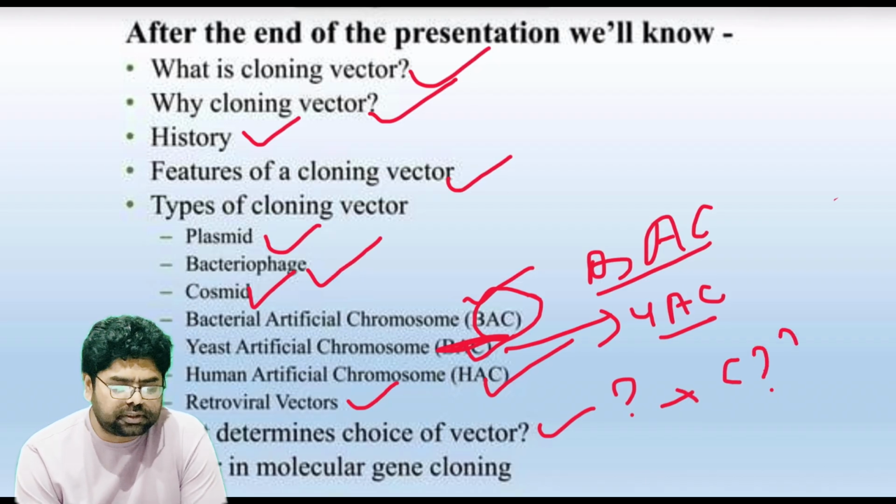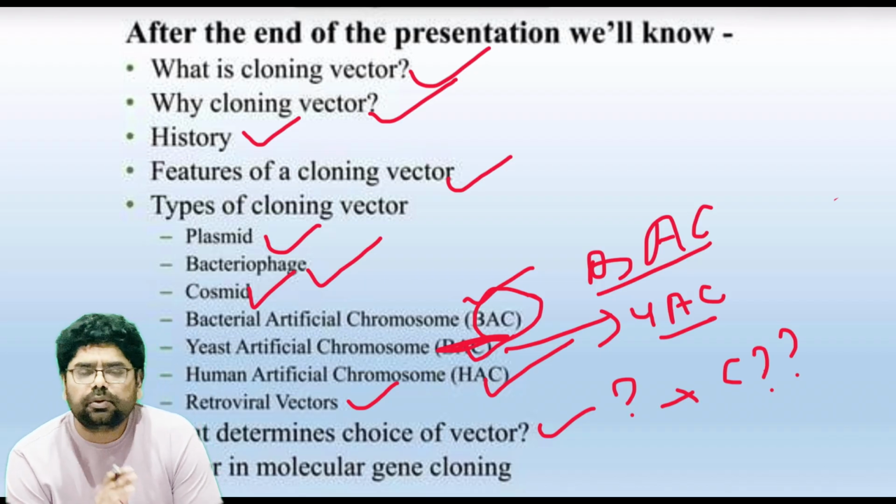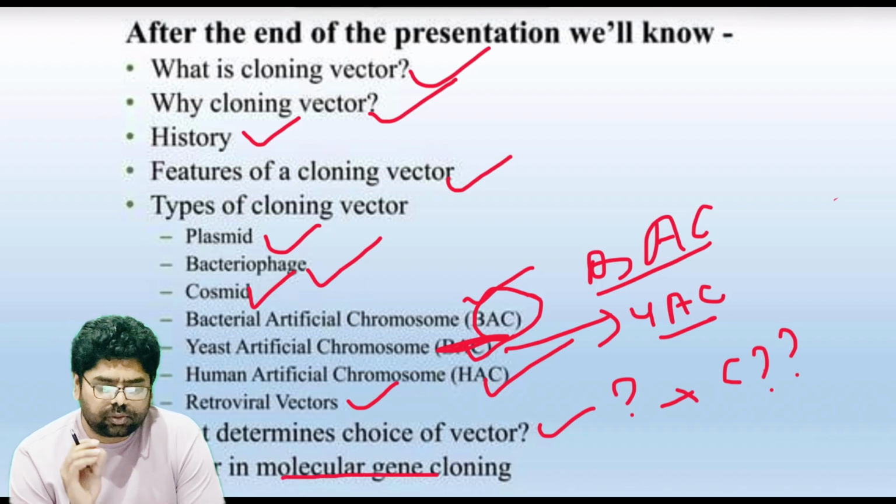Then human artificial chromosomes and retroviral vectors, which are used in cloning.